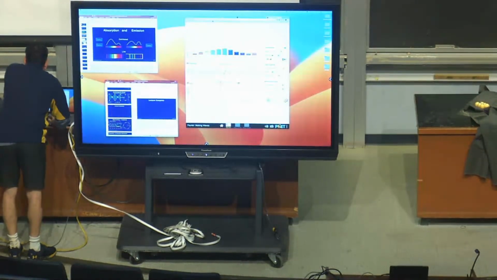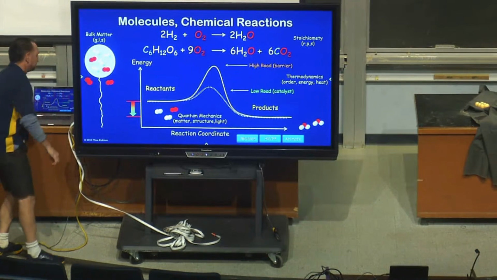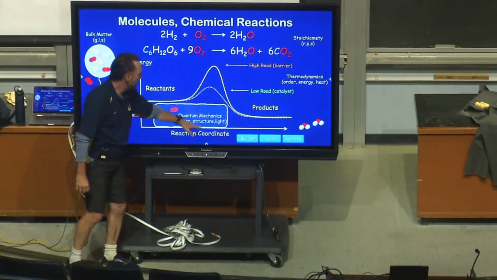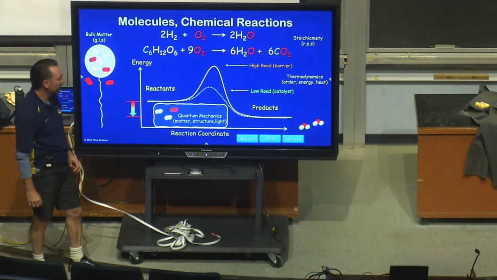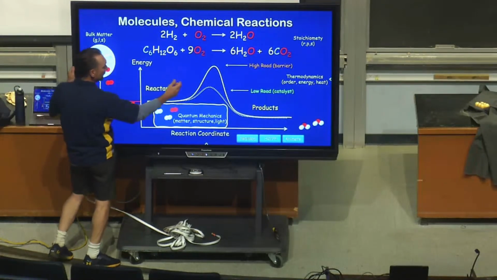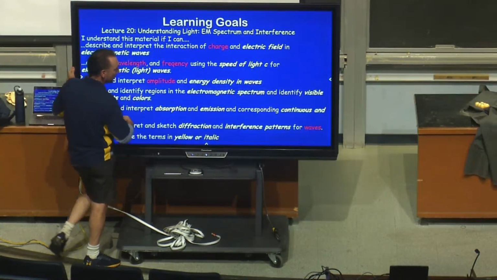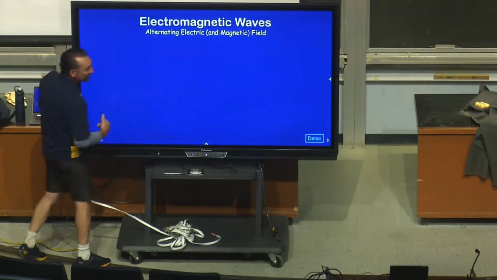So on to the next topic. Not too big a change. We're just going to continue to talk about waves. So again, we're talking about light now, the quantum mechanical nature of the universe. In our roadmap of Chem 1, these are the things we're going to try and cover in this section.